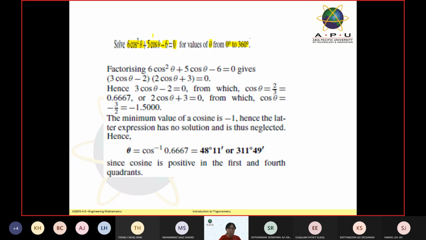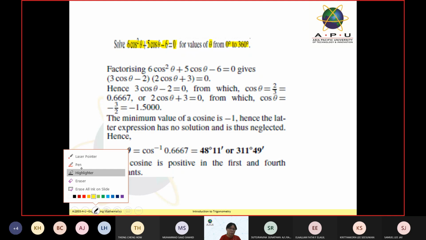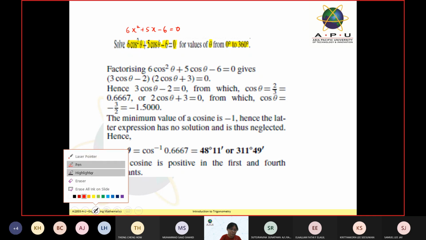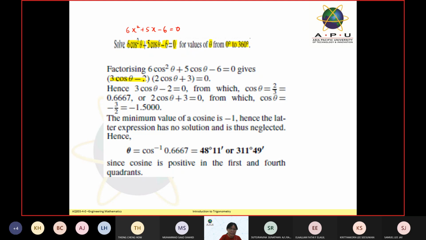Then you just need to factorize this as usual. As I said, if you can't factorize, you use the quadratic formula. To factorize this is something like factorizing 6x squared plus 5x minus 6 equals 0. When we factorize it, we get 3 cos theta minus 2 times 2 cos theta plus 3 equals 0.